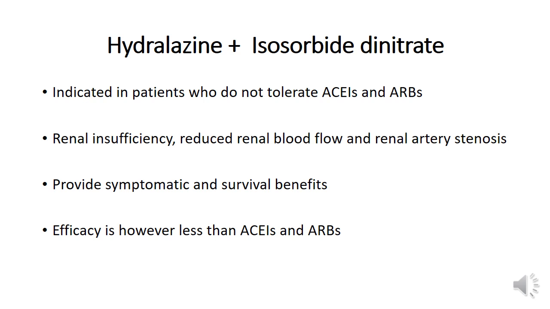That means if a patient is having any contraindication to ACE inhibitors and ARBs like renal artery stenosis, renal insufficiency, reduced blood flow to the kidneys, then I can use a combination of hydralazine and isosorbide dinitrate to provide symptomatic and survival benefit in such patients. However, the efficacy is much less with this combination when compared to ACE inhibitors and ARBs.